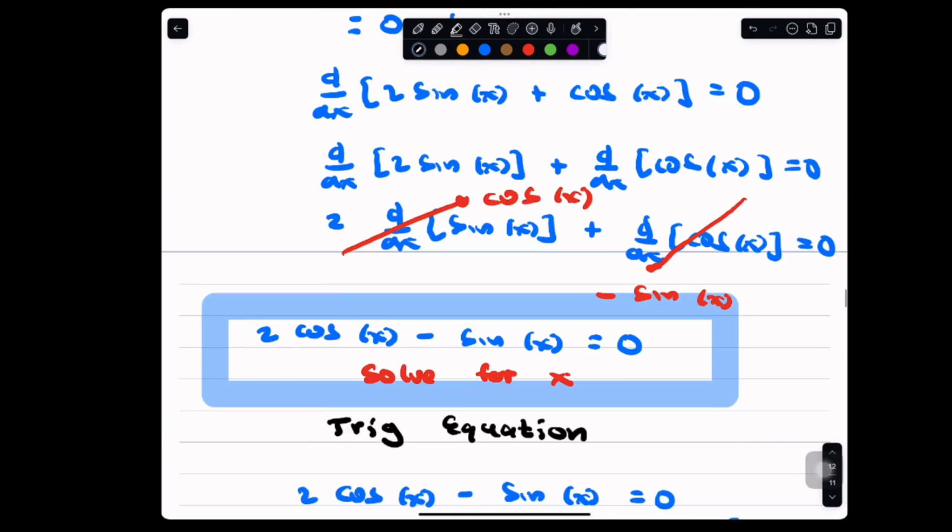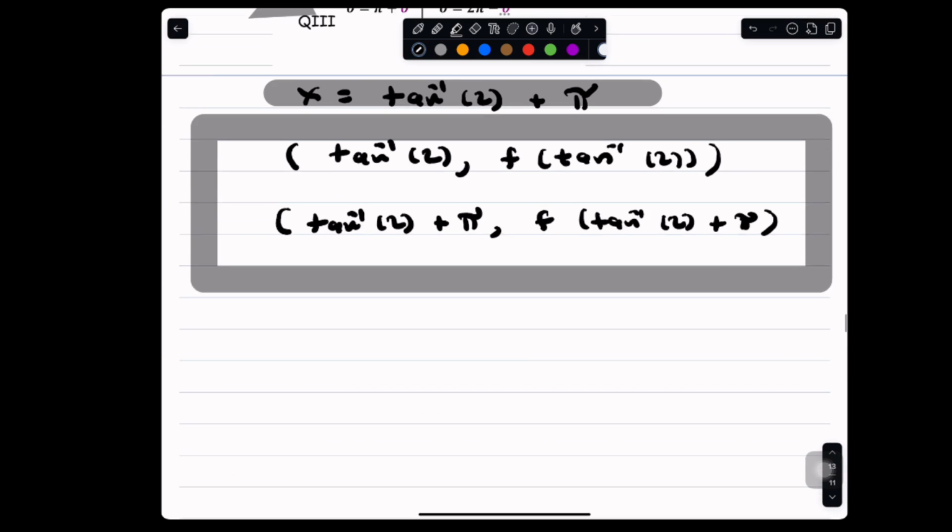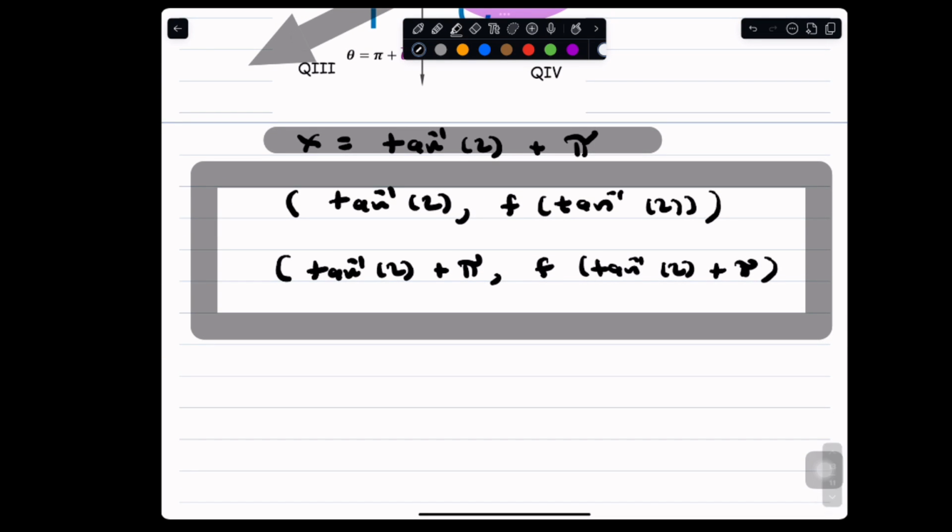Now, I want you guys to note something here, just to connect the dots, right? So let's say you go over to Google.